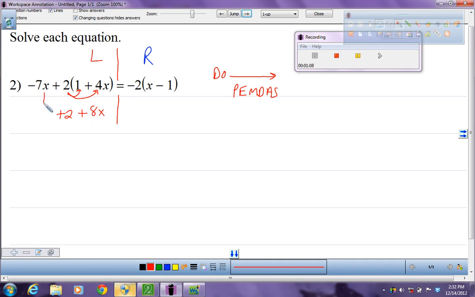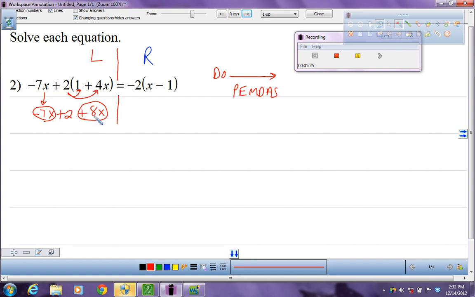So then this guy here, I'm just going to bring it down. Well, I'm going to check: is there any more multiplying and dividing? Well, no. So now I'm going to do the adding and subtracting, left to right. The only thing I can add right here would be those that are the same families, like terms. This is an x term, a constant, and then an x term.